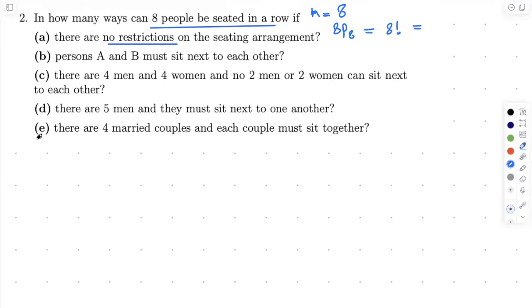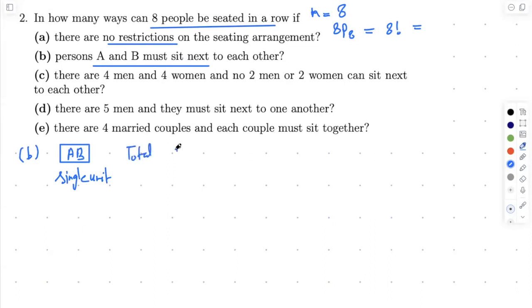Now for the B part. B part says that two persons A, B must sit next to each other. They should sit next to each other. So if you consider AB as a single unit, like we considered in the last case, how many total people are there?